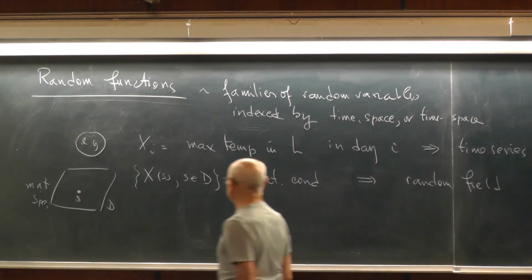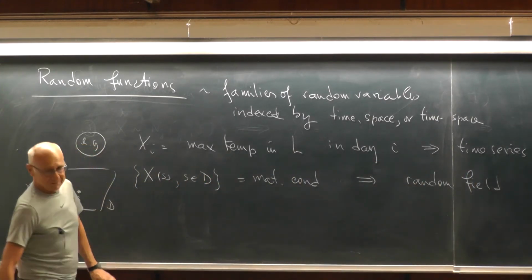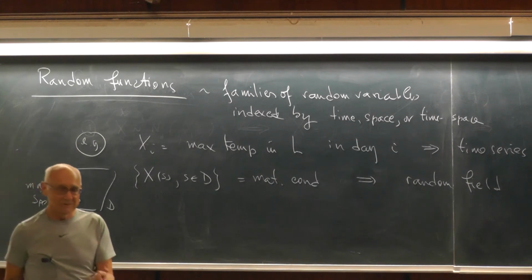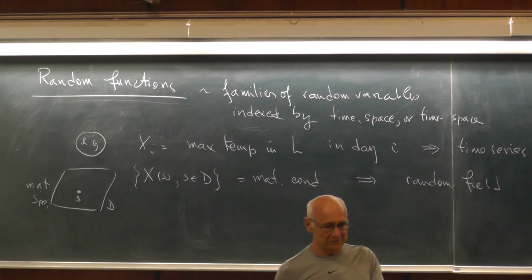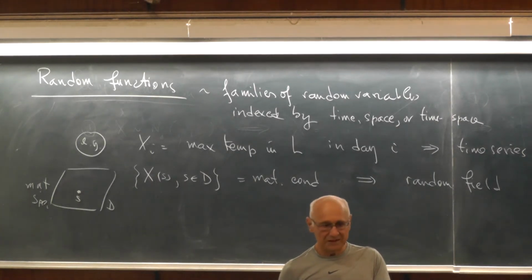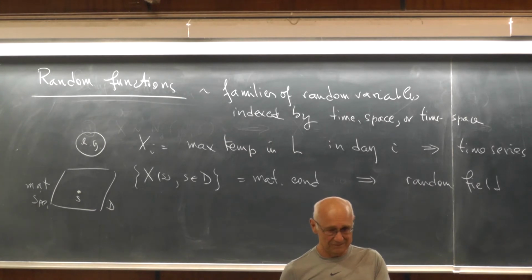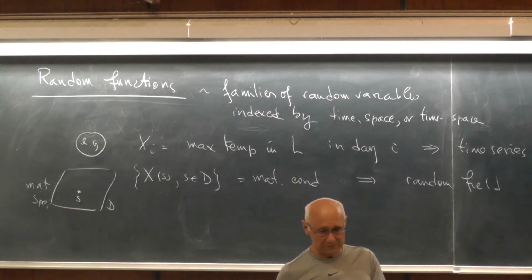If, on the other hand, S would be time, if you think of a vibrating system, S would be time, and X is a displacement at time S. That type of family of random variable is called random or stochastic process.